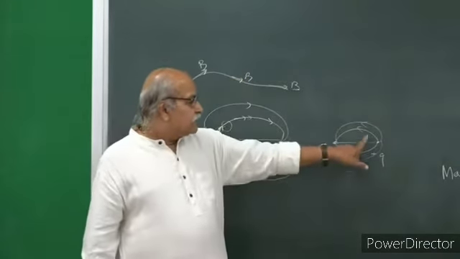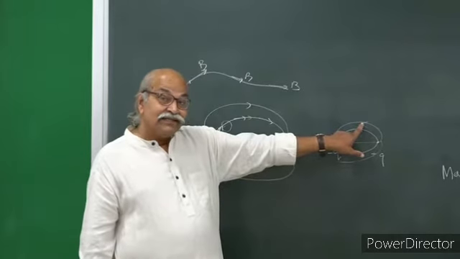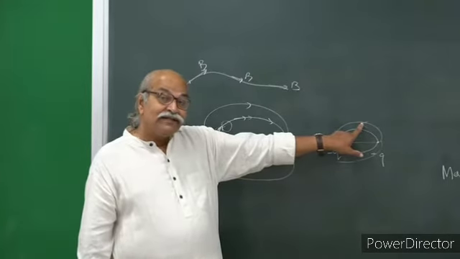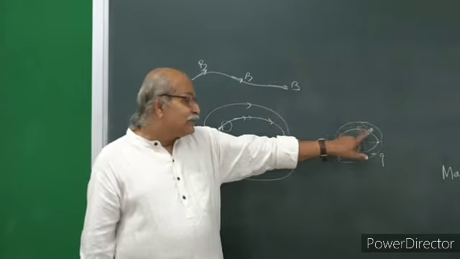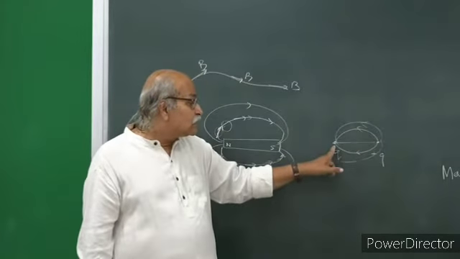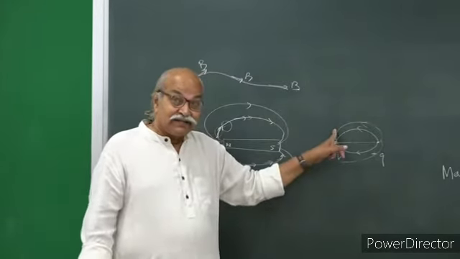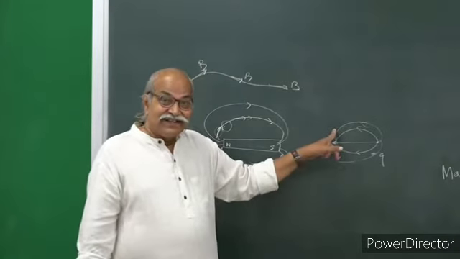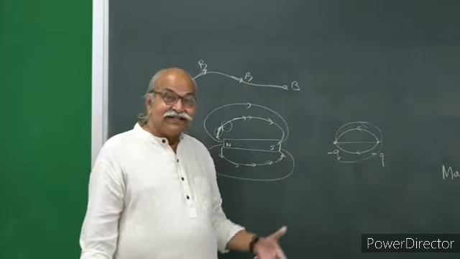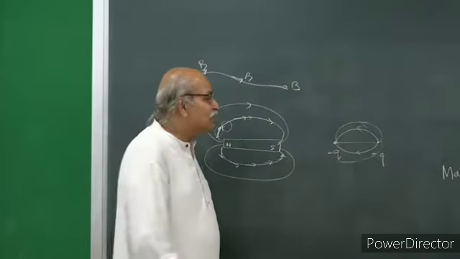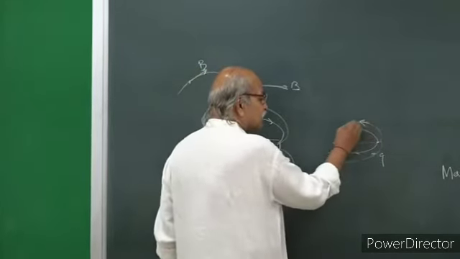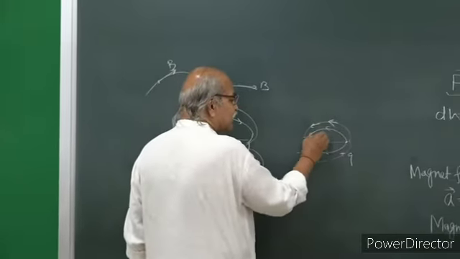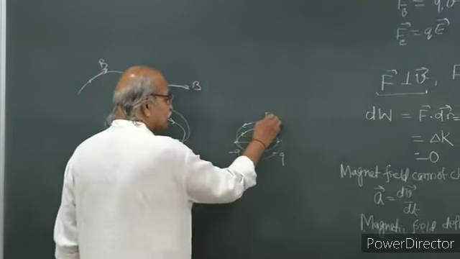Now, here the force is parallel to the electric field. So, these field lines are also force lines. In fact, they are called lines of forces. The electric field lines are called electric lines of forces, because this is the direction of electric field, and this is also the direction of force.